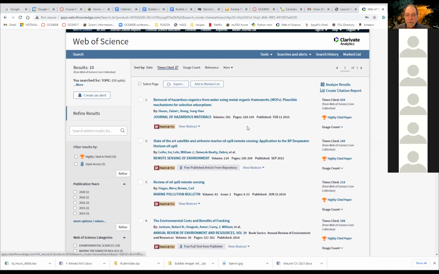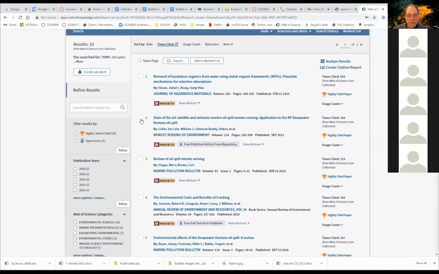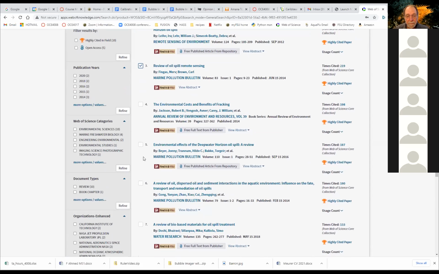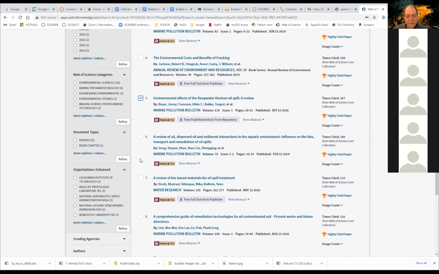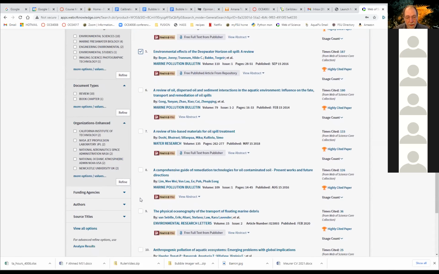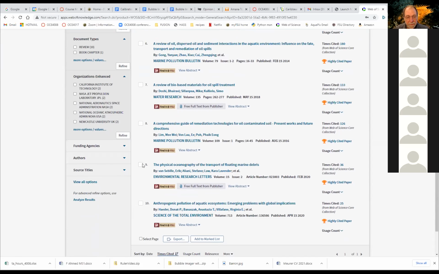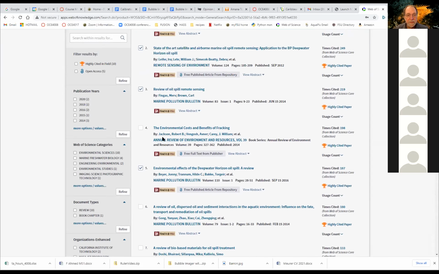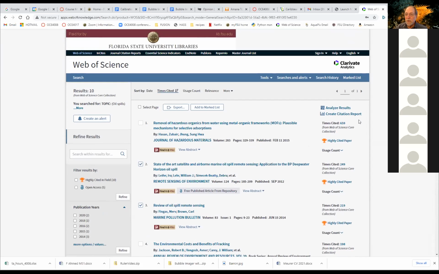Another thing that you can do is to put together your bibliography. So let's suppose I've looked at this and I'm really interested in remote sensing. Okay, so I've selected these 3 articles, and I think these are ones that I really want to look at in more detail.